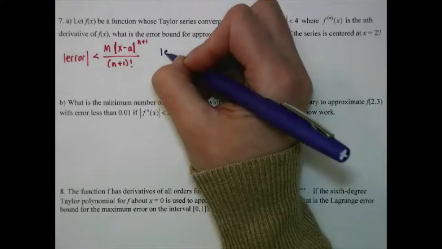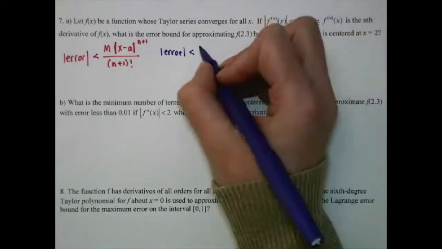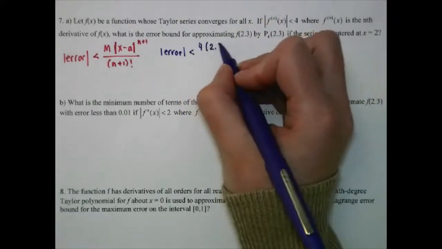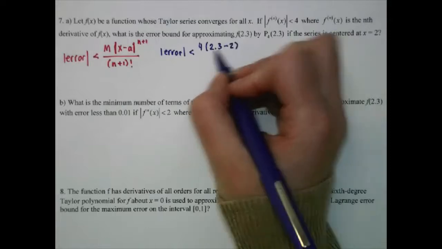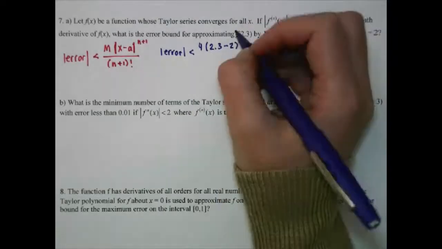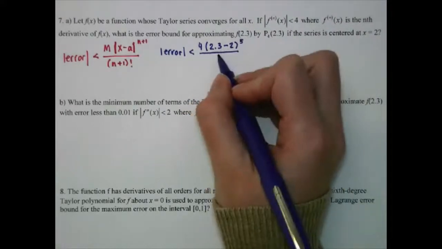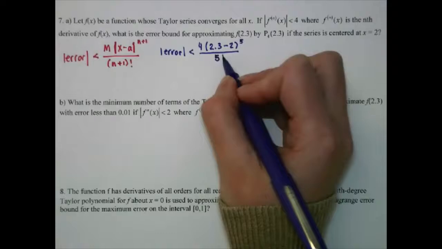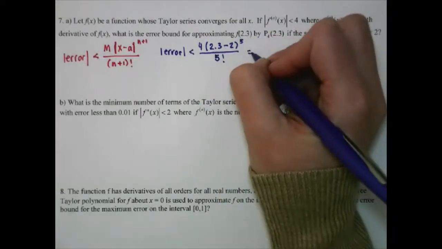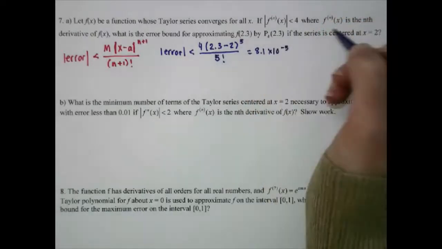So for our cases, the error bound, my m is 4, my x is 2.3, a is the center, which is 2, and then if this is a 4th degree polynomial, that means we're looking at to the 5th power, because that would be the next thing, which if you type all that in your calculator is 8.1 times 10 to the negative 5.